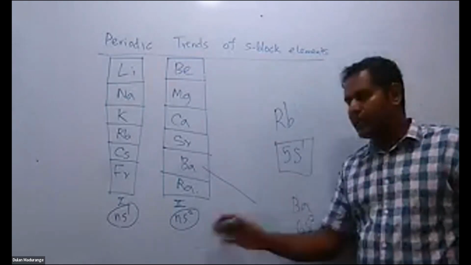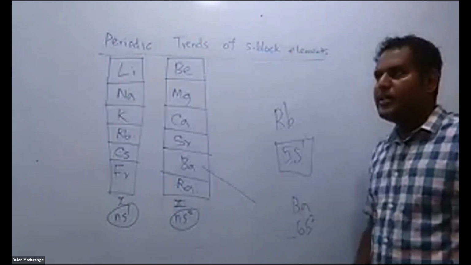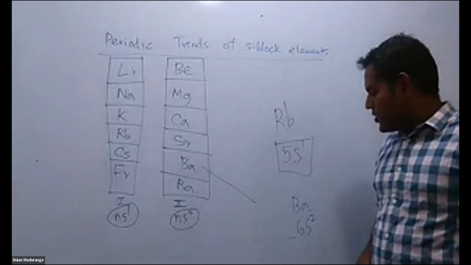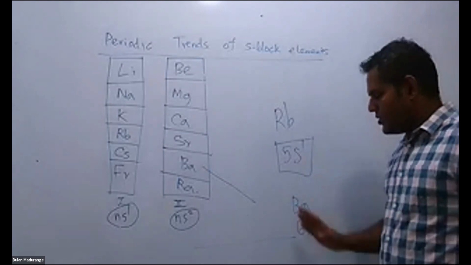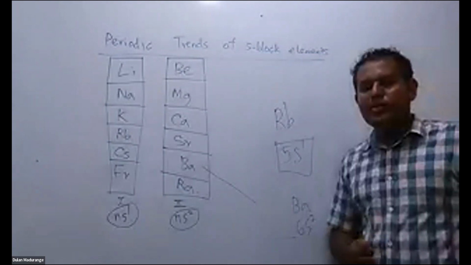Like 1S2, 2S2, 2P6, 3S2, 3P6, 4S2, 3D10, then 4P6, 5S2, likewise up to 5P6. So that is what we have to know.